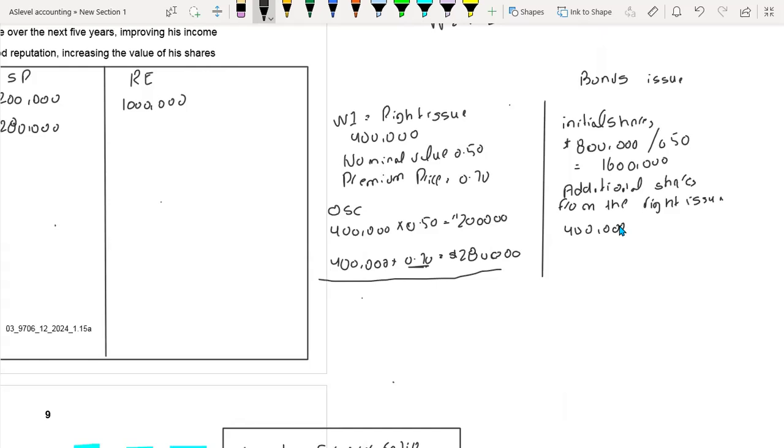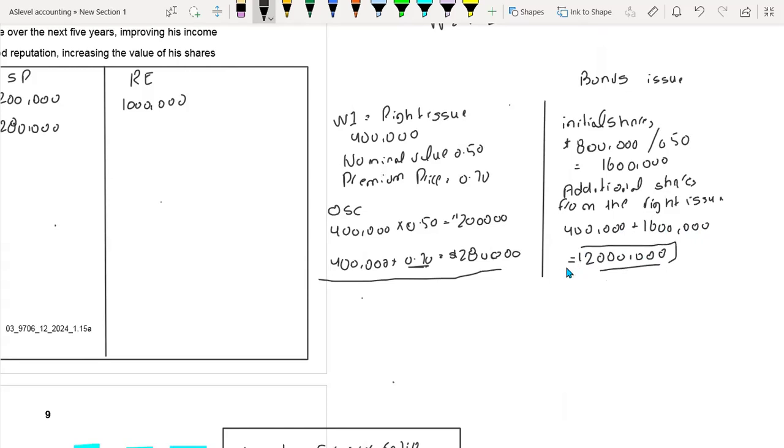So 400,000 plus 1,600,000 is equal to 2,000,000 shares. This is the total number of ordinary shares, not share capital.